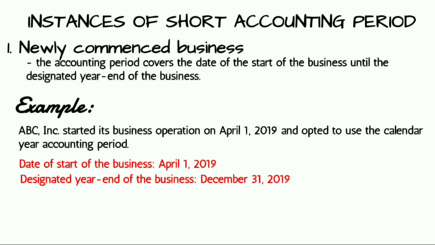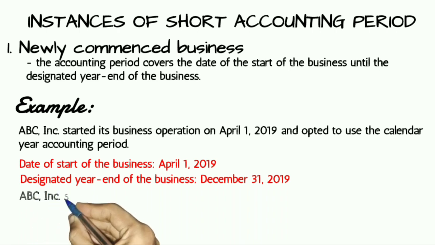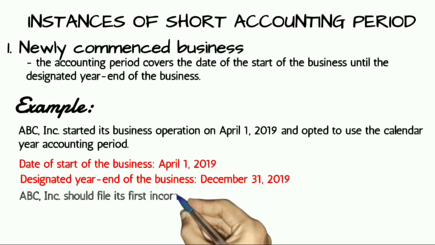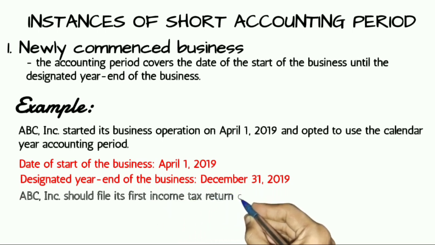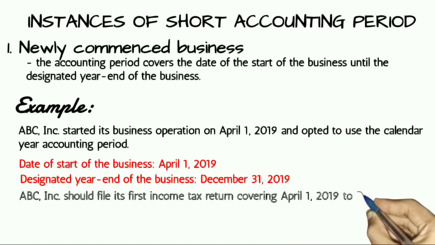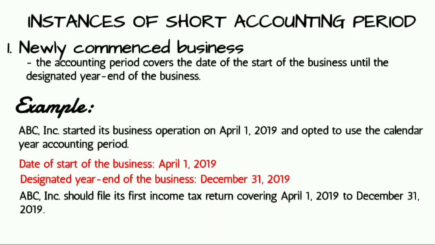So that means ang kanyang income tax return for 2019, ang kanyang coverage nun ay from April 1 to December 31, 2019. That's from April 1, 2019 to December 31, 2019.